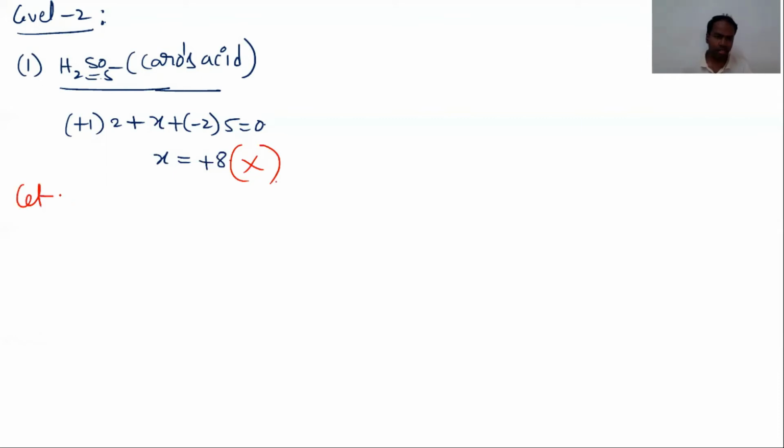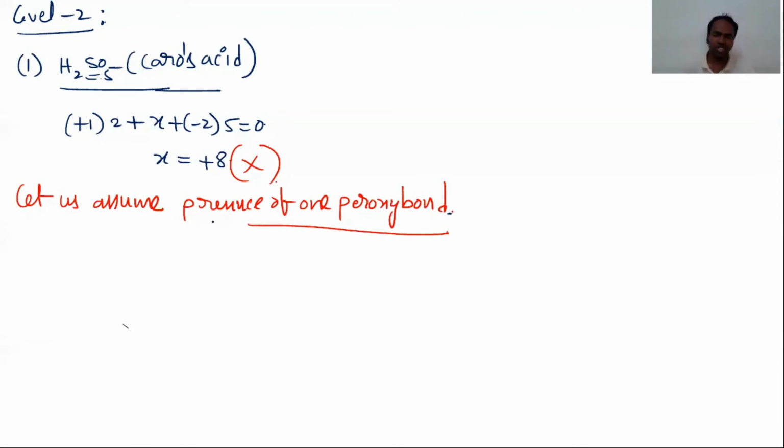Let us assume the presence of one peroxy bond. So what is the peroxy bond? In the previous session, oxidation number part 1, I already discussed what the peroxy bond is. The O2 2- ion is called the peroxide ion.